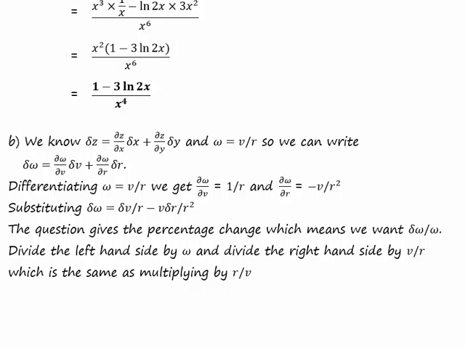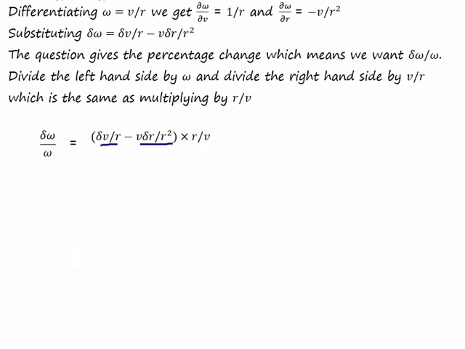It's the same process. Delta V over R, the R will cancel, so that term will become delta V over V. And in this term, I've got a V and an R, which will cancel with the R and the V outside, which means I'm going to get delta R over R. Now delta V over V is a decrease in linear velocity of 3%, so that's going to be minus 3, and delta R over R is an increase in radius, so that is a positive quantity, but obviously we have a minus sign there.